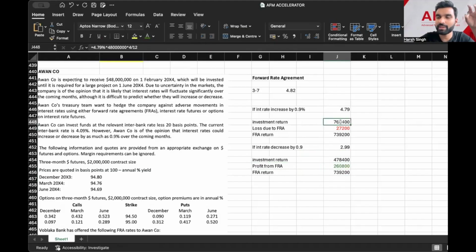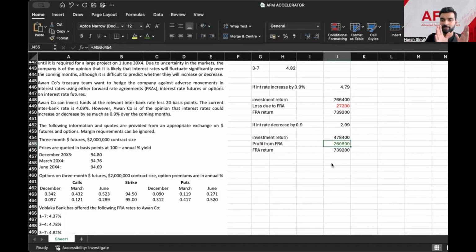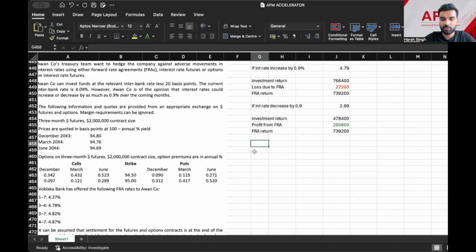Over here, interest rate increased, but I have already fixed my interest rate, so I am having a loss. Over here, interest rate decreased, but I have already fixed my FRA, so my position improved and I am getting a benefit. So this is how FRA is being used in this question. Got it? Now we'll write down futures.